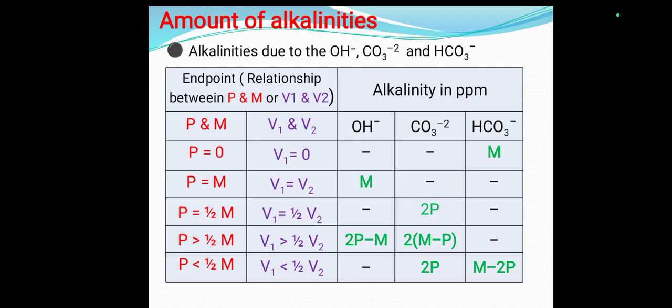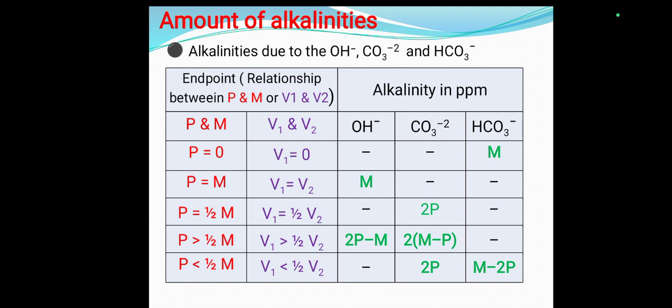It is the relationship between P and M, or V1 and V2, because P is responsible for giving V1 and M is responsible for giving V2. So the first relation, P is equal to 0. Second, P is equal to M.